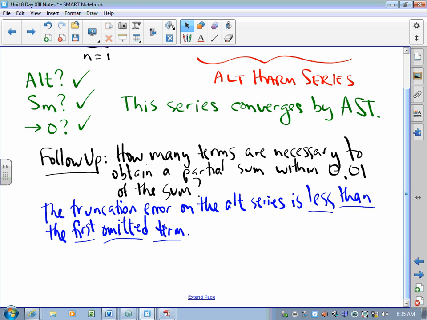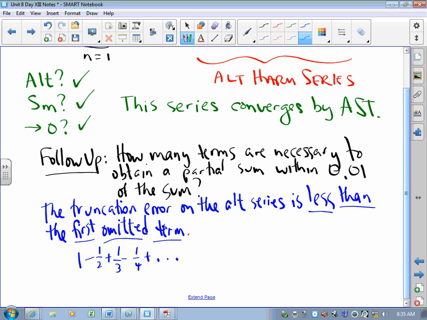That means if I write out a whole bunch of terms and cut the series off, I say I'm just going to cut you off after, I don't know, a zillion terms. Then I look at the first term that I left out, and the actual difference between my partial sum and the actual sum has to be less than that first term that I left out. And it has to be because we know that the terms are getting smaller and smaller and bouncing back and forth.